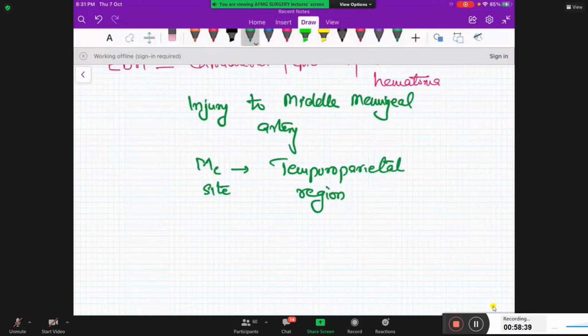EDH patient can also present to us with something called lucid interval. What is lucid interval?